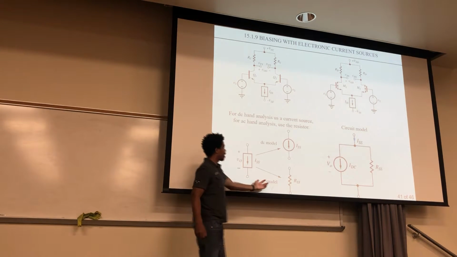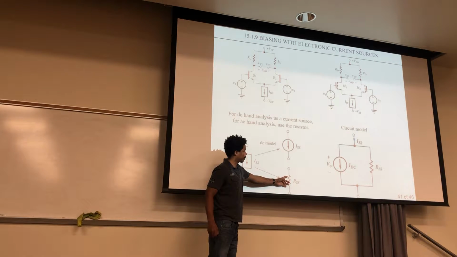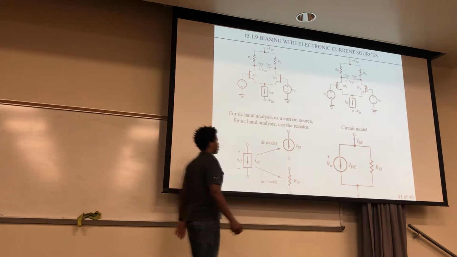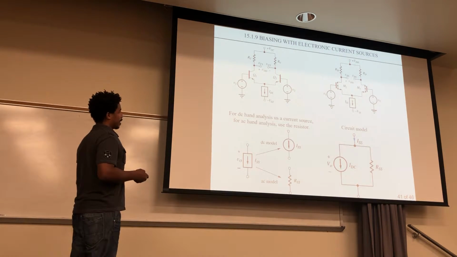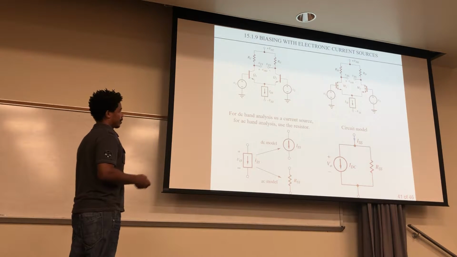If you're doing AC analysis, you put that back in terms of resistance: RSS for the FET model, or REE for the BJT model. Inside a circuit simulator, it's modeled as this current source in parallel with a resistor of that value.